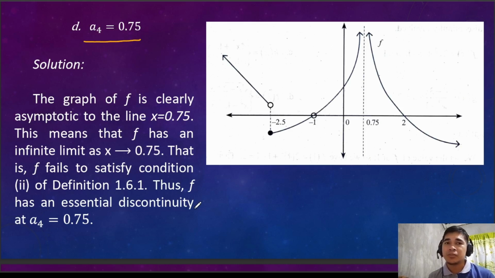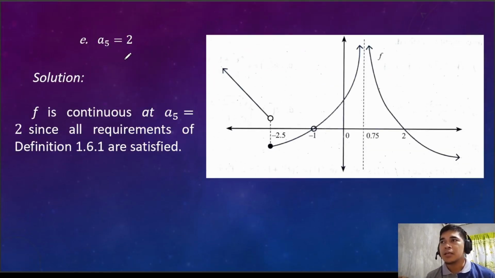Therefore, yung second condition, hindi natin na-meet, automatic. This is essential discontinuity. Right? Diba? At A sub 4 equals 0.75. So, we know sa definition, pag hindi na-satisfy yung number 2, that is essential discontinuity. Pero pag number 1 naman at number 3, that is removable.